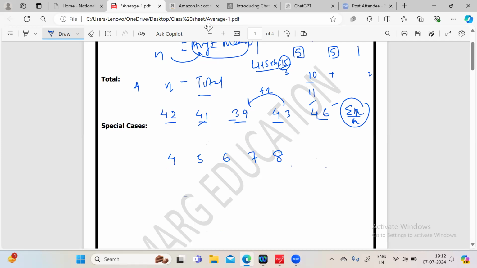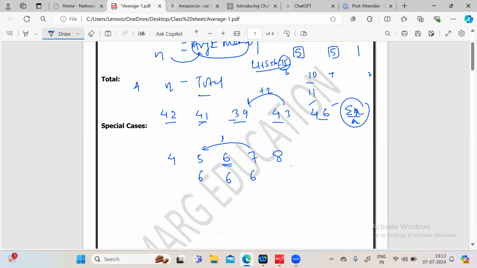And if somebody is asking to calculate the average of these 5 numbers, what you can do here is you can just realize that 6 is the middle value and 7 is 1 more than 6 and 5 is 1 less than 6. So I'll shift 1 from this place to this so that this will also become 6. This is already 6 and this will be 6.